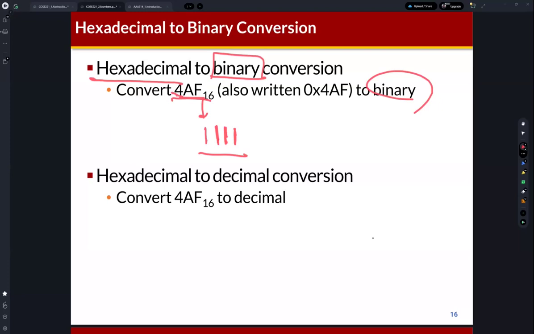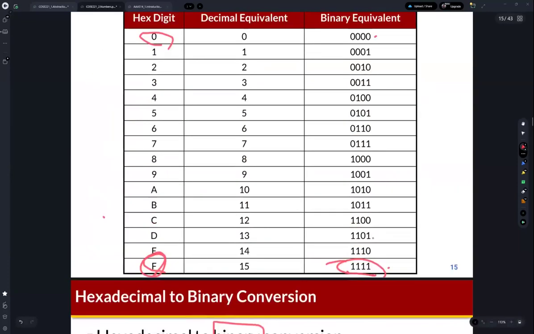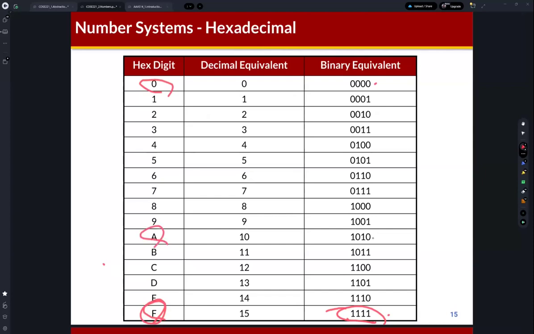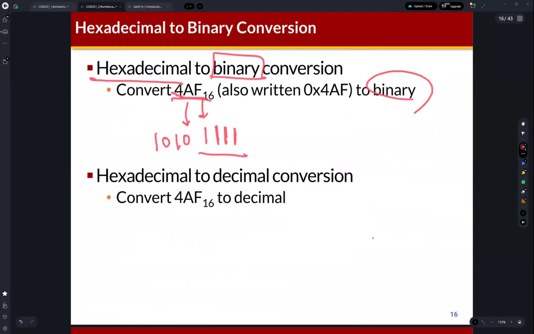And how about the A? You can memorize it actually. In the previous table, A is 1010. And 4 is 0100.